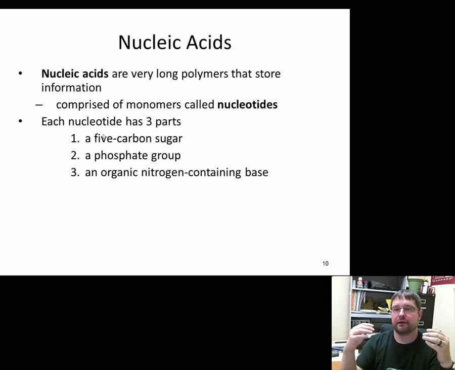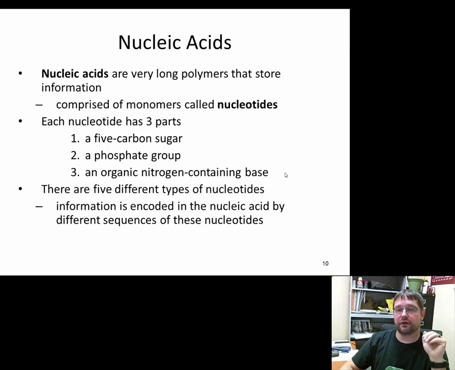Depending on what type of nucleic acid we're talking about will depend on what nitrogenous base and what sugar we're talking about. The phosphate group is identical in both types of nucleic acids.